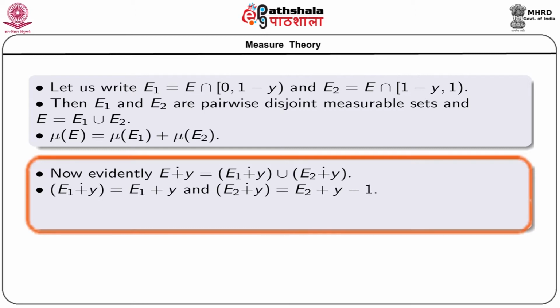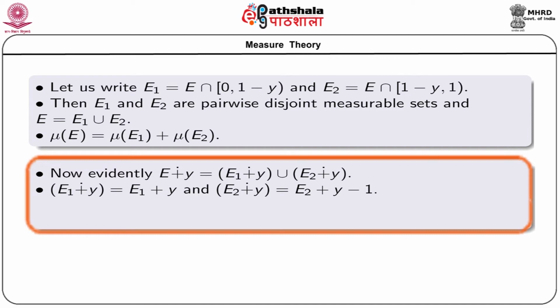Now, if we recall the definition of this sum modulo 1, see that E1 plus-dot y is actually equal to E1 plus y, because the sum does not exceed 1, and E2 plus-dot y is actually equal to E2 plus y minus 1.